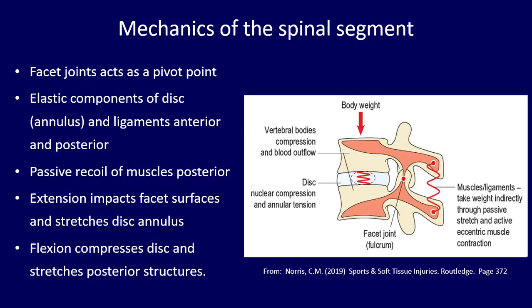All of those will stretch passively, whereas the muscles will stretch passively but can also contract eccentrically in a flexed posture to limit movement. So the spinal segment acts a little bit like a seesaw, with a central pivot point and forces acting at either side of that pivot.